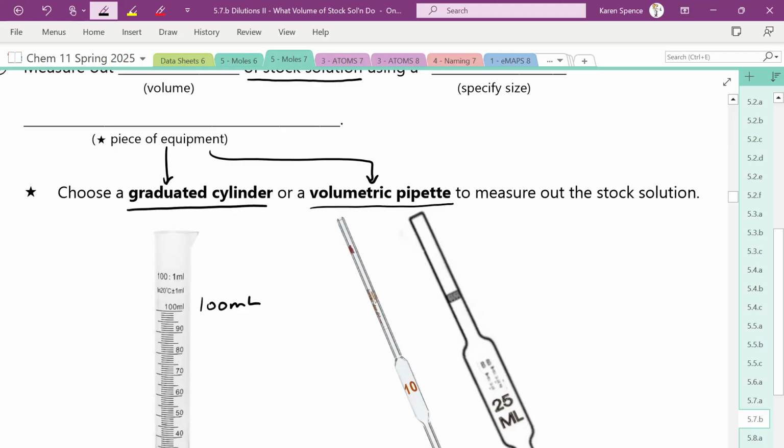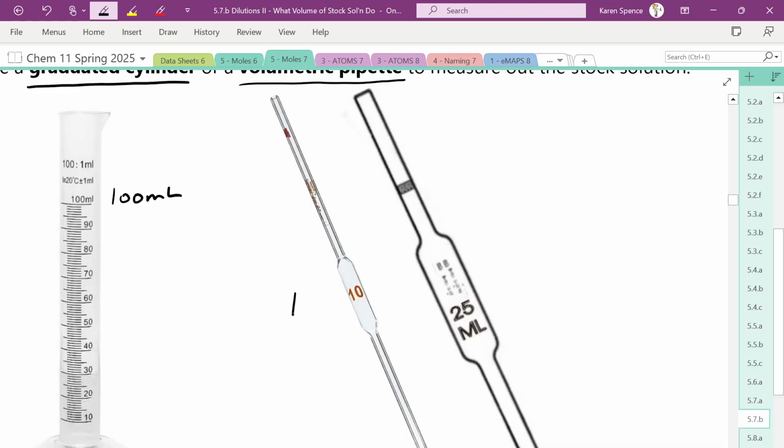If you have a larger volume, say 100 milliliters, you would probably use a graduated cylinder because they can contain more volume. If you wanted a smaller volume, particularly 10 milliliters or 25 milliliters, and the reason I say those is because these are what we have at this school, we have these two sizes.